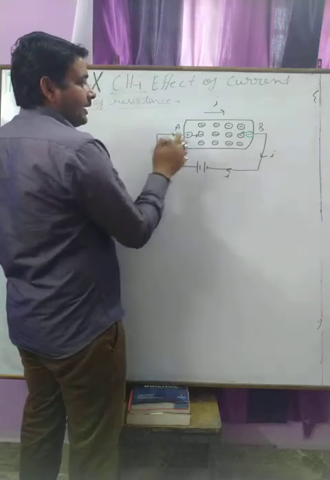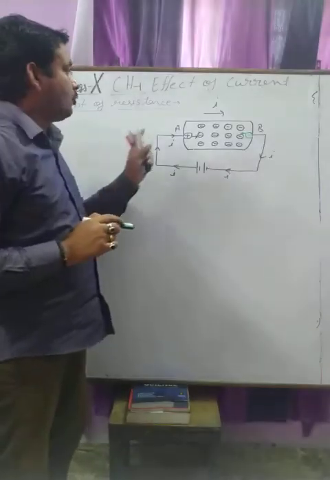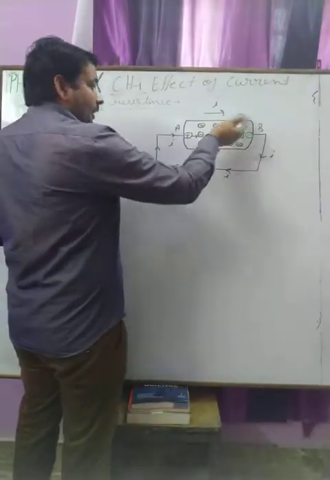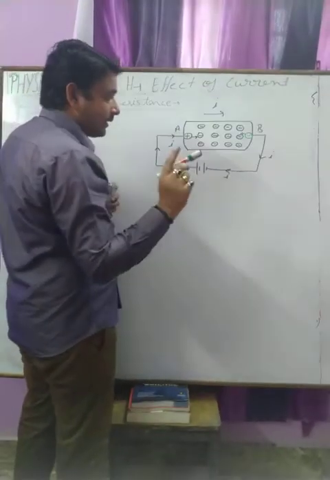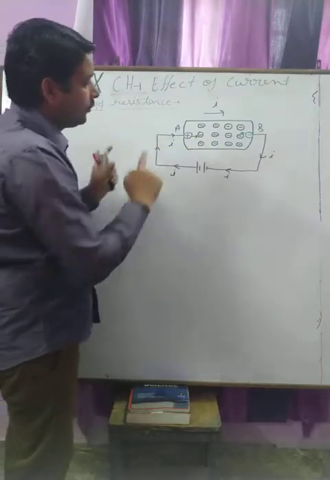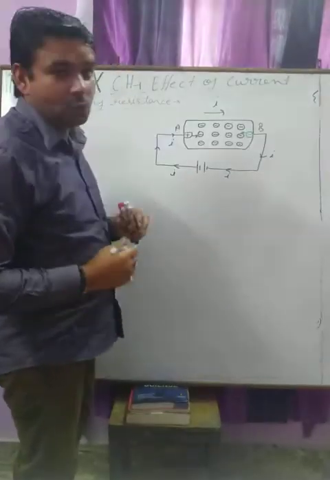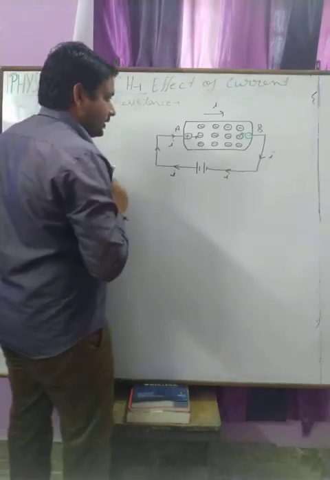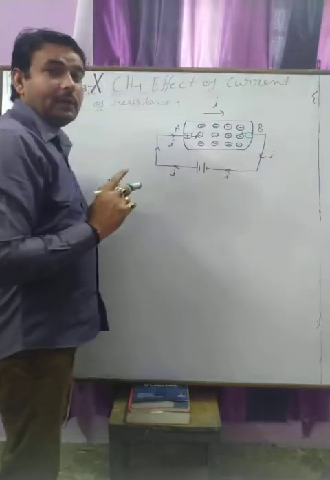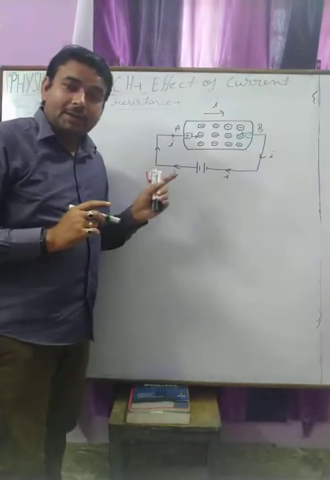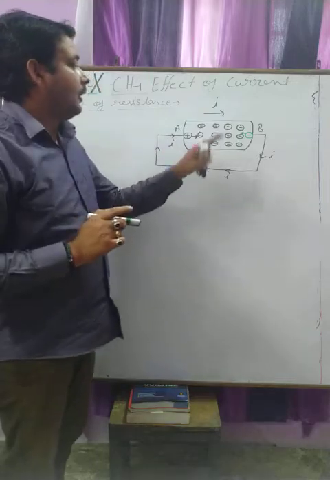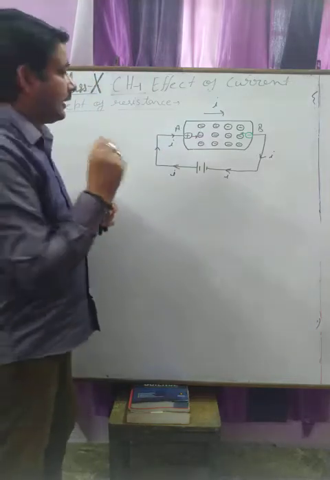So when the positive charge, or the current, is moving from A to B, the free electrons inside the conductor try to oppose it. Due to this opposition, the moving charge collides with the many electrons and charged particles present in the conductor.